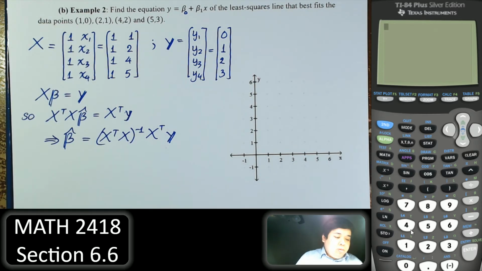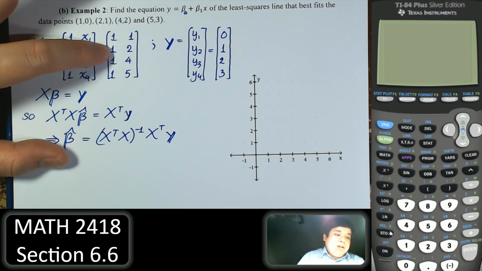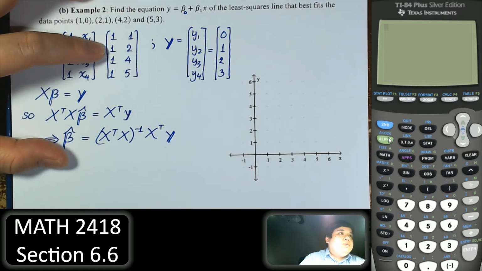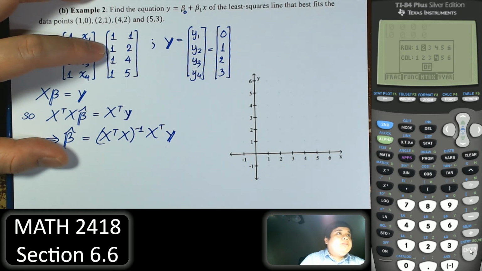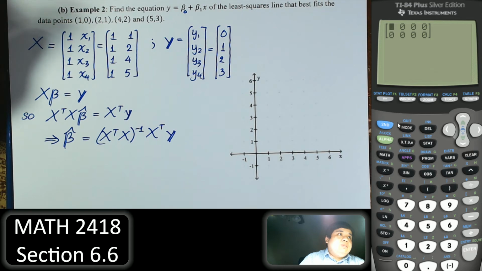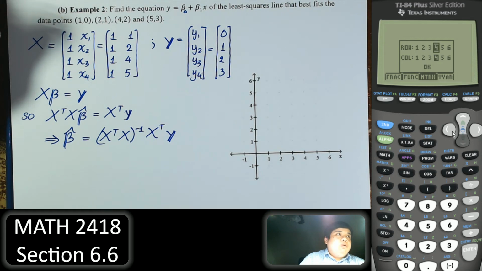Right. So just enter the matrix X. Four rows, 2 columns.